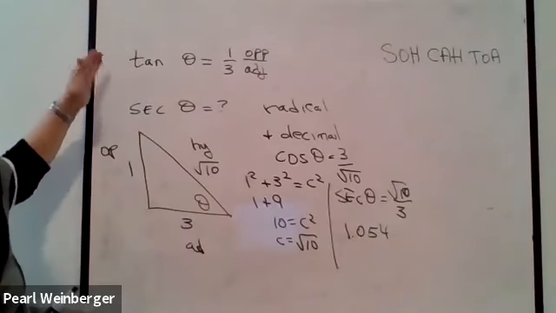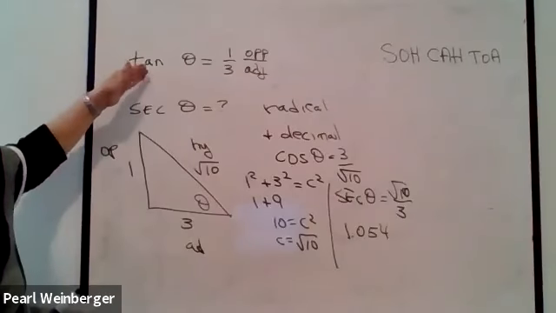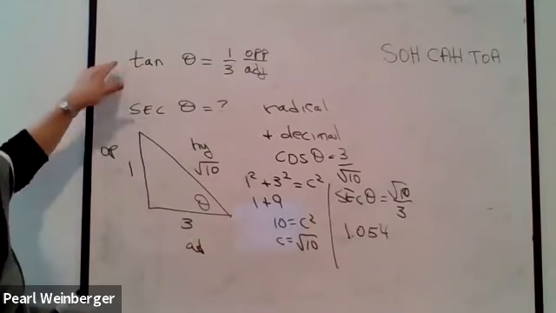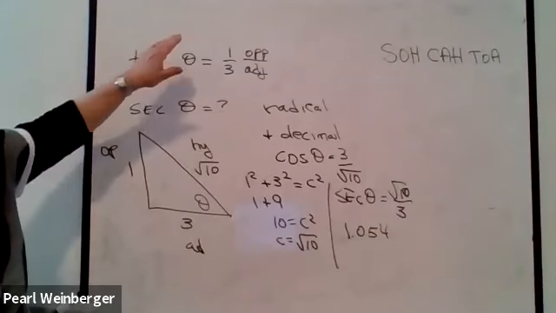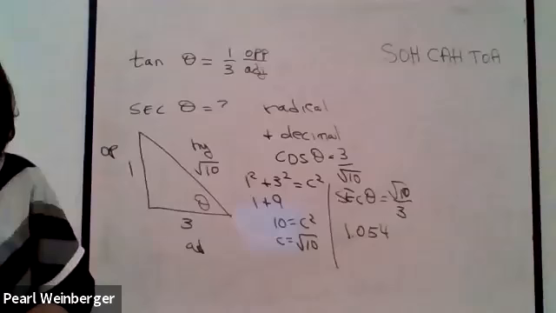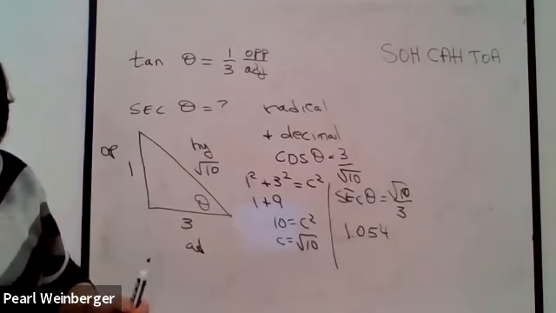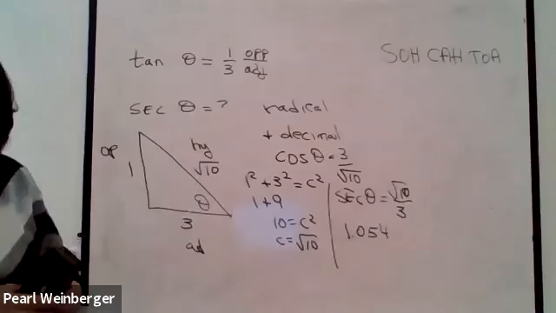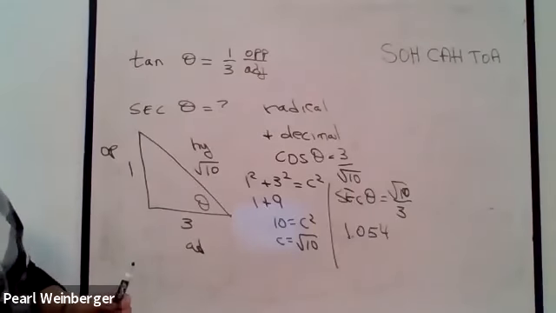You always have to press the second button and then the function that you know. In this case we know tangent, you'd go second tangent 1 divided by 3 and it'll give you your answer for the angle in degrees. Okay, again, not something you have to know for this course, but certainly what you will have to know for your next course.